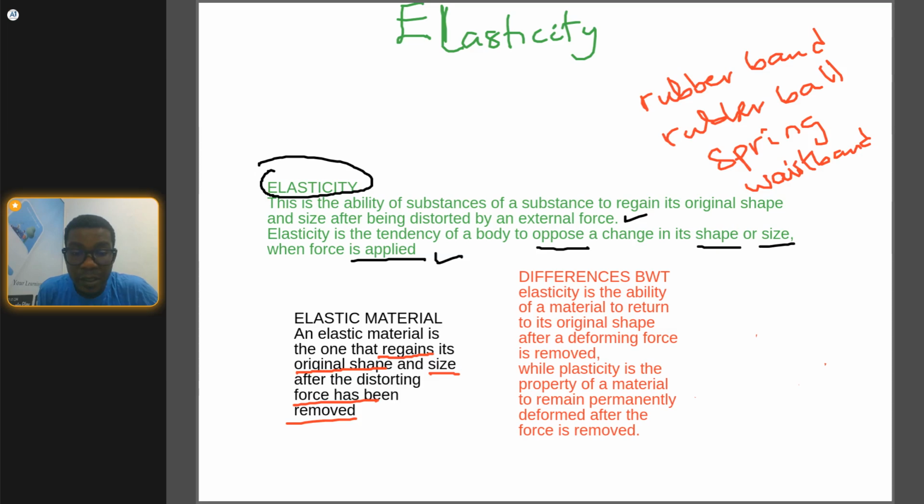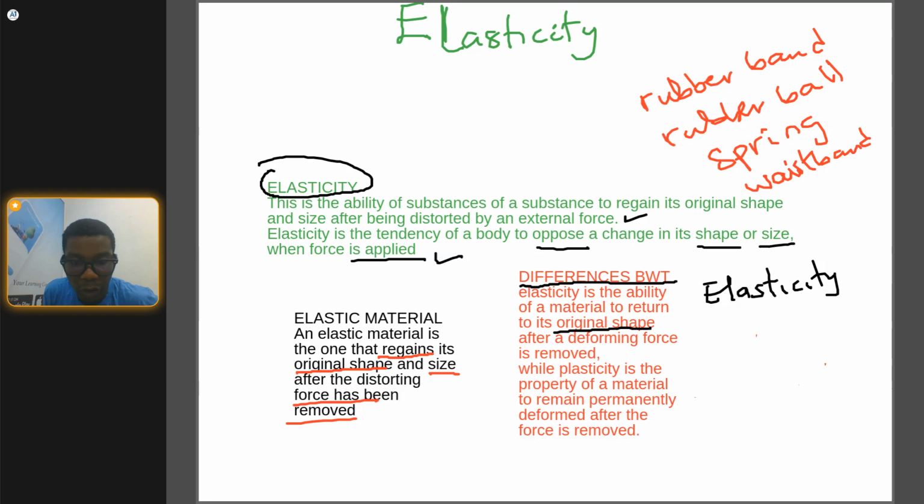Now take note that the difference between elasticity and plasticity, these are CBT questions in JAMB. Elasticity is the ability of a material to return to its normal or original shape. So ability to return to original shape when force is removed is called elasticity.